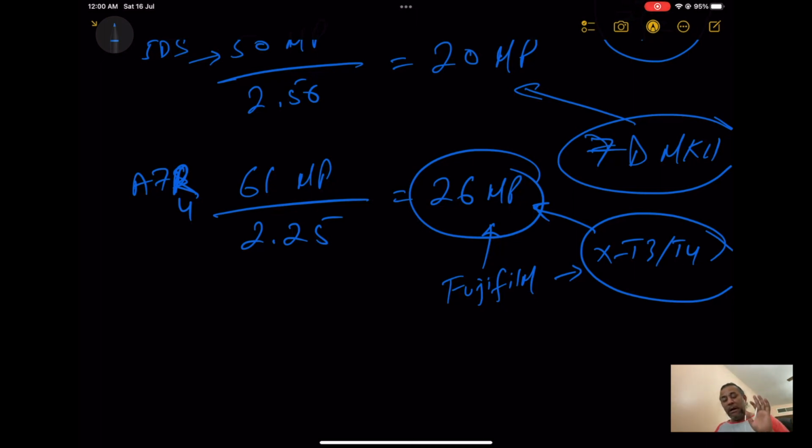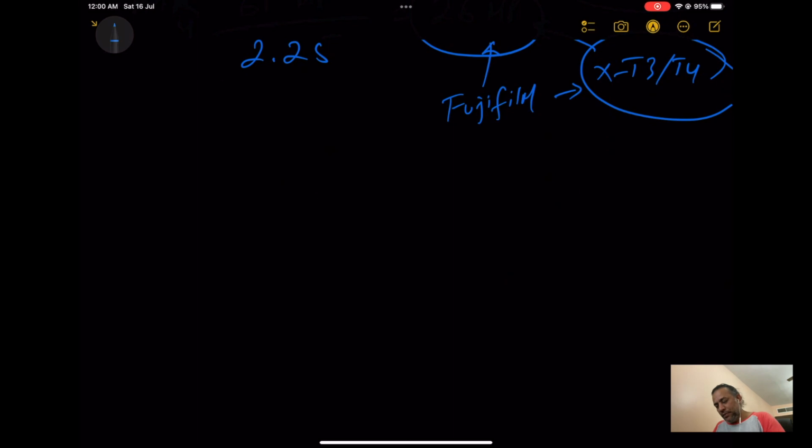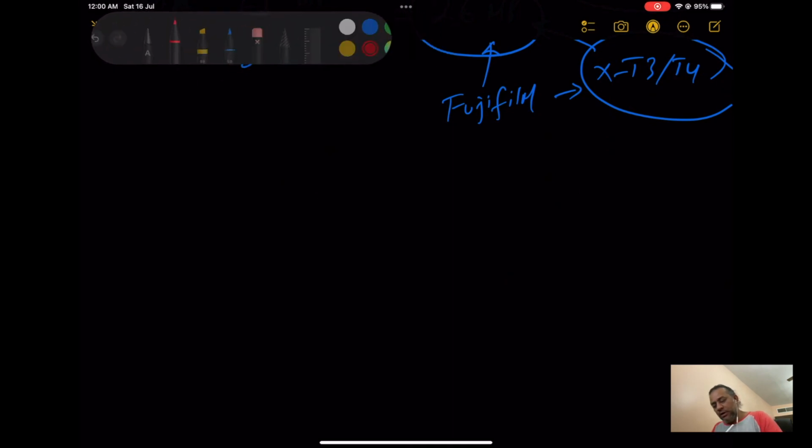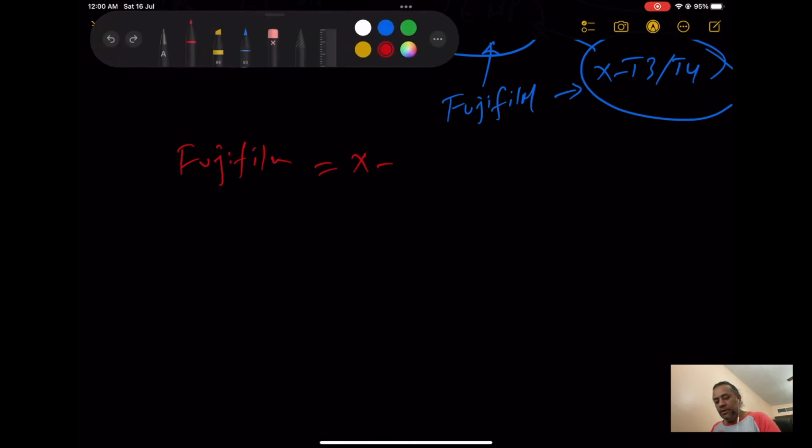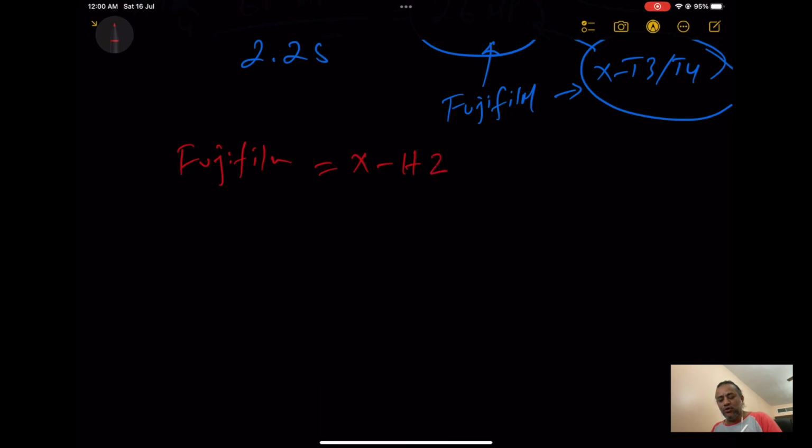By the way, there is a new rumor I just heard, which is two things. These two things are the new Fujifilm XH2, which comes with a non-stacked sensor.